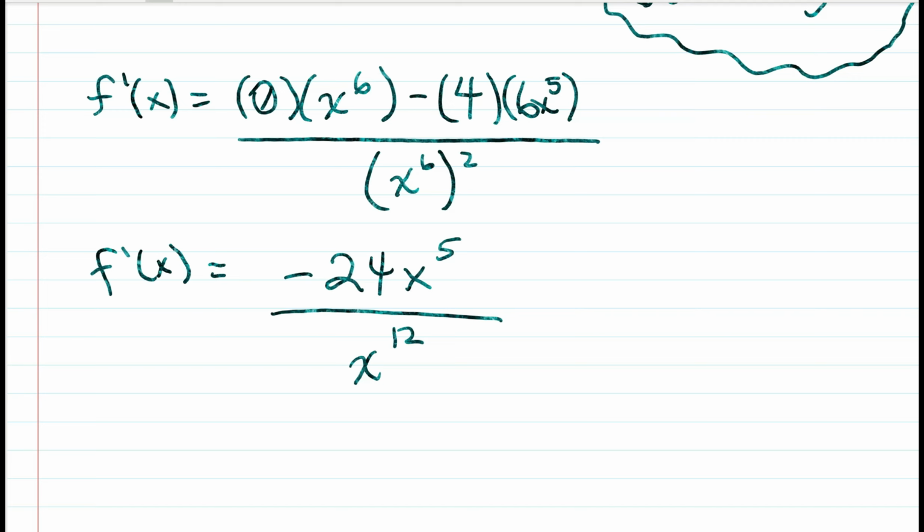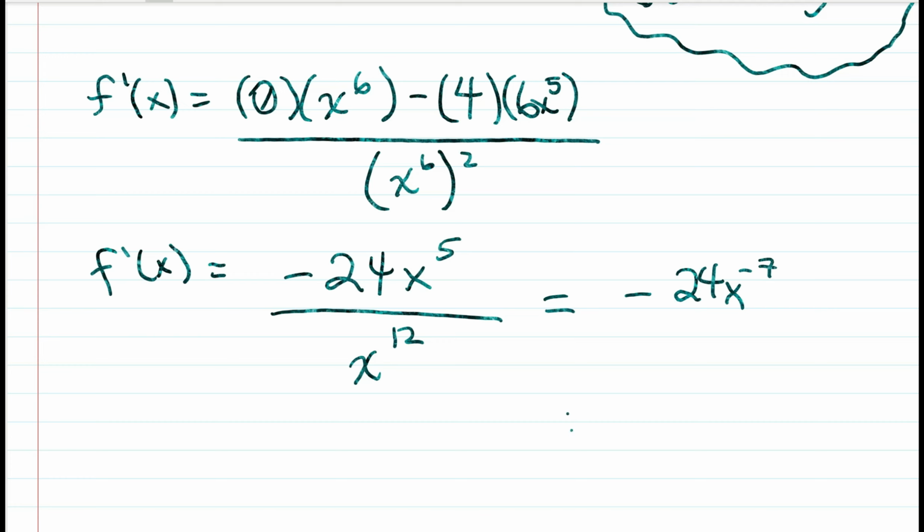All right, and then lastly here, we can go further and say to ourselves, okay, we have x to the 5th over x to the 12th. That should tell you to go ahead and use some properties of exponents, right? So you're always going to take the top minus the bottom. So 5 minus 12 is, what's that, negative 7.